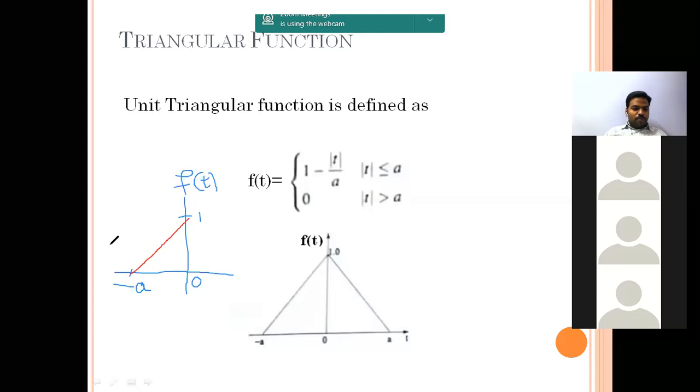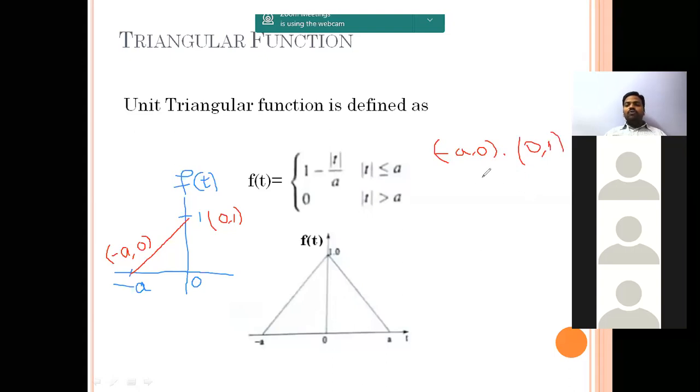On the x-axis the point is minus a comma 0, and on the y-axis you have 0 comma 1. So you have 2 points: the first one is minus a comma 0, and the second one is 0 comma 1.